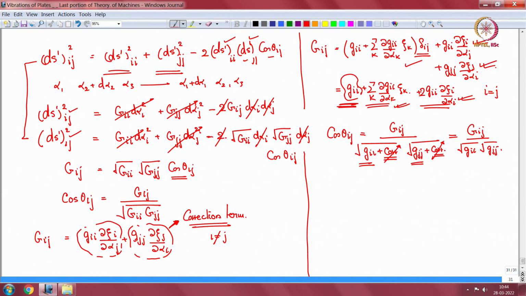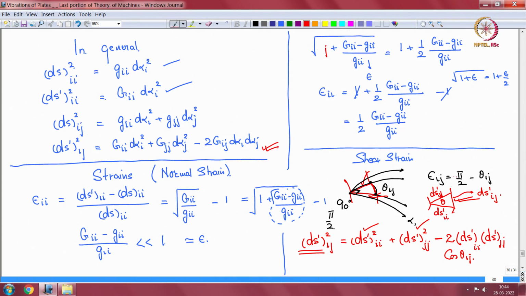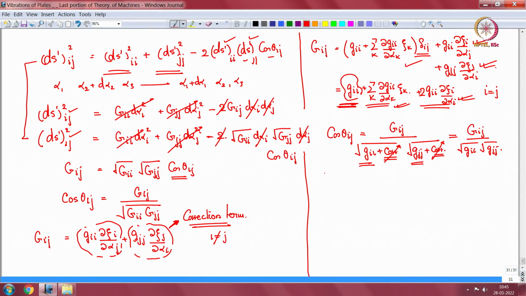Okay. Then what? Then theta_ij, if you remember, epsilon_ij is pi by 2 minus theta_ij. So cos theta_ij is cos of pi by 2 minus epsilon_ij, which is equal to sine epsilon_ij, and for small values of epsilon_ij, sine epsilon_ij is epsilon_ij.